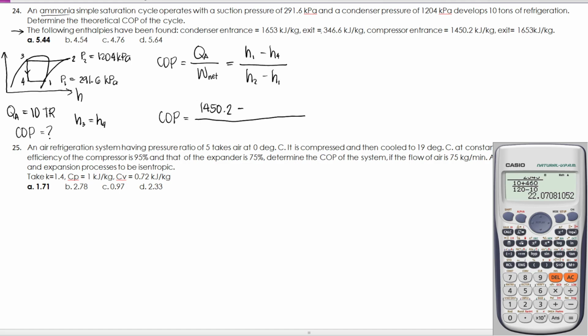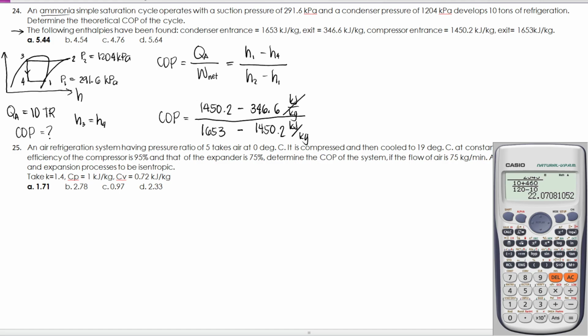Kaya ang gagamitin natin for H4 is yung condenser exit na 346.6 kilojoules per kilogram. Ang point 2 is exit kay compressor, that is 1653, minus H1, yun pa rin, 1450.2 kilojoules per kilogram.